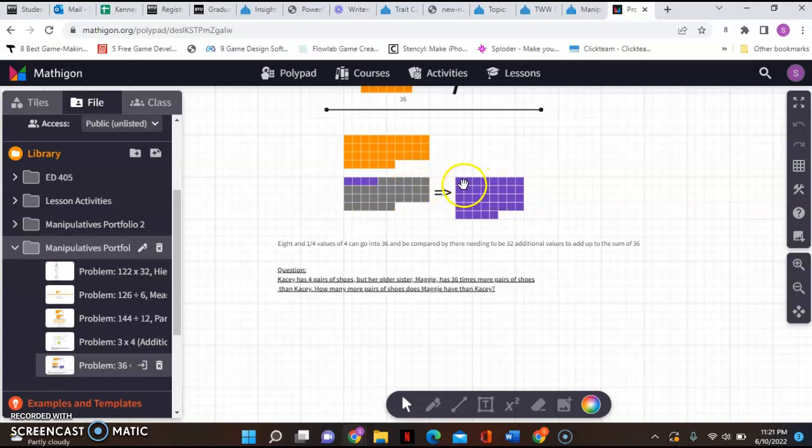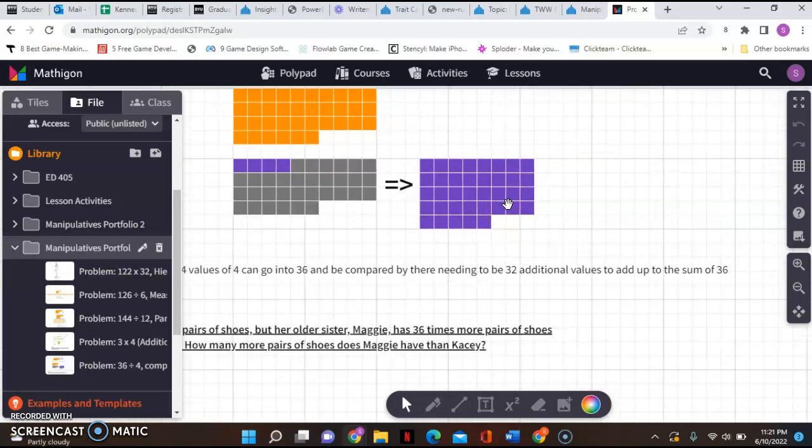And so I separated each one into groups of 4, and I had 8 in one line group. And so we have this many line groups. So 8 and 1/4 values of 4 can go into 36 and be compared by there needing to be 32 additional values to add up to the sum of 36.